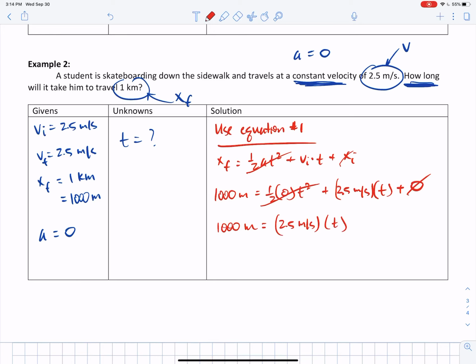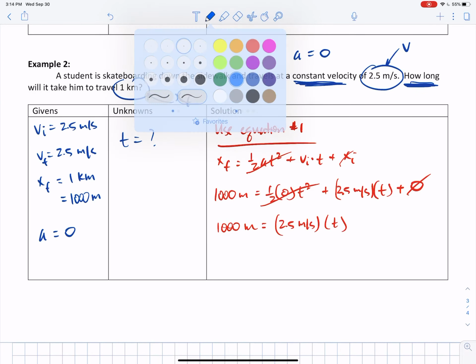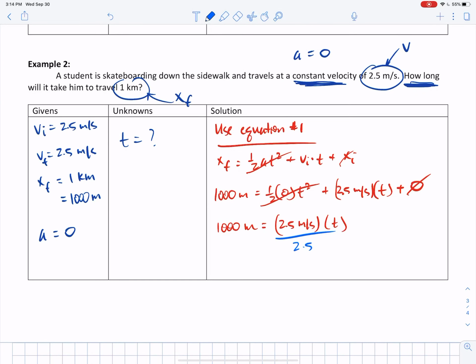That's it. Dividing both sides by 2.5 meters per second, because I'm going to try to isolate t and get it all by itself. So these are going to go away. And I'm going to get t is equal to 1,000 meters divided by 2.5 meters per second.